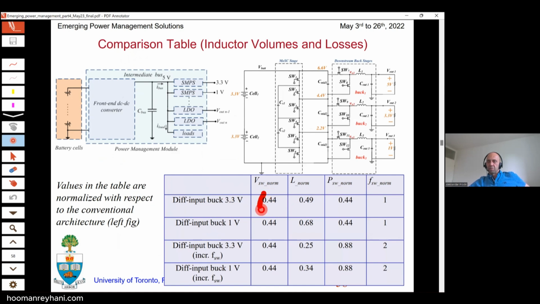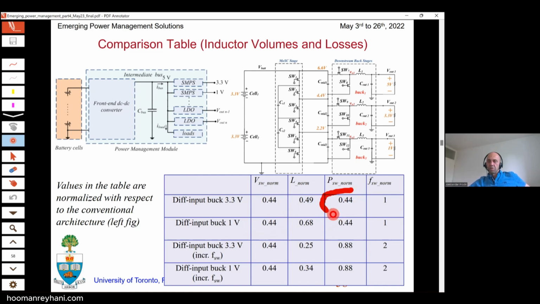We can see that the voltage swing is reduced to 44% of the original value. This reduction of the swing results, if you calculate for the same inductor current ripple, in just 49% of the inductance value compared to the inductance that you would need in the original case.